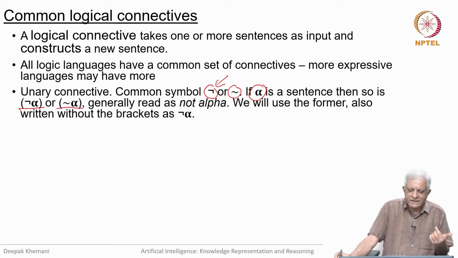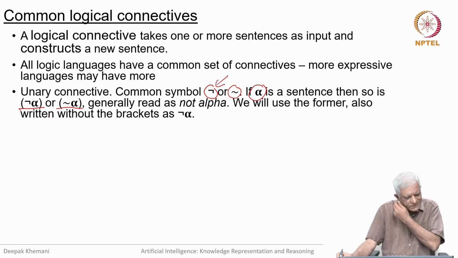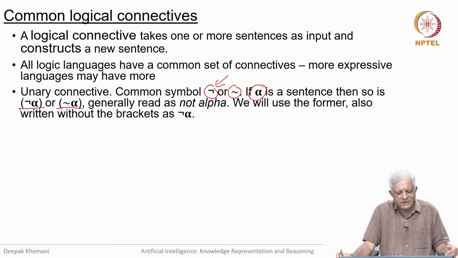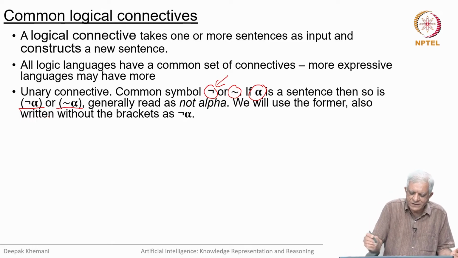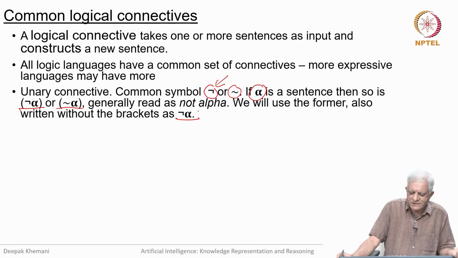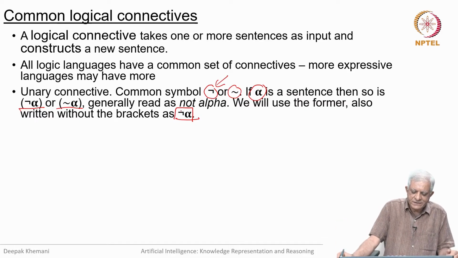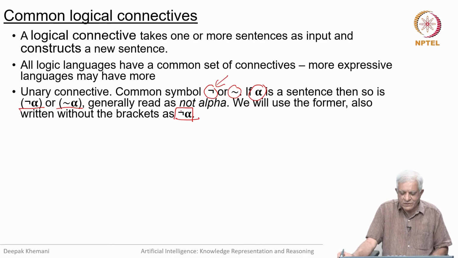So, we read this as not alpha. We often use brackets to enclose sentences, just to make sure as to what the connective applies to. But we can also leave it out when it is clear from the context. So, we will use this symbol for not, and we will often leave out the brackets.